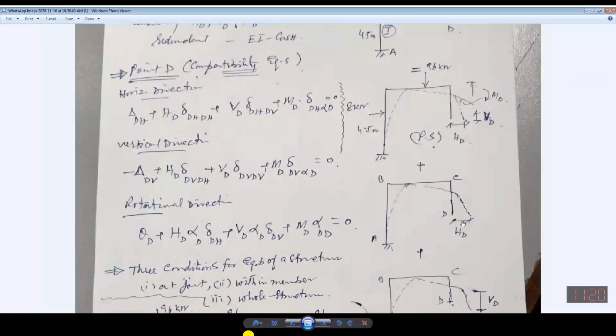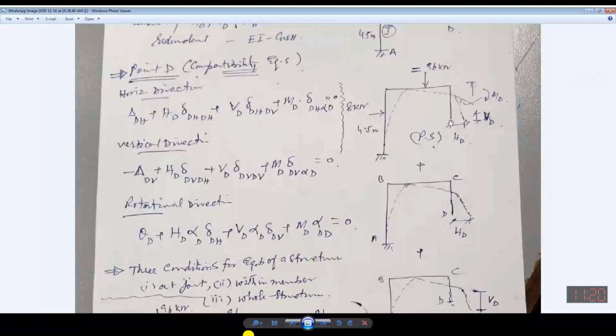If you have applied it in the vertical direction upward, then you will consider it positive. Now, under the effect of 96 and 48, it is very apparent that this joint will be moving downward. So it is taken to be negative.